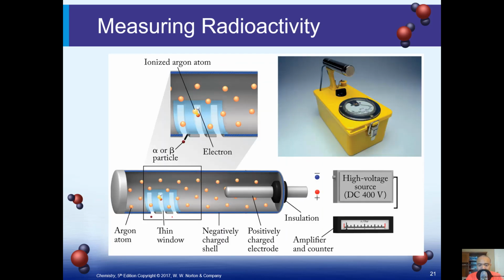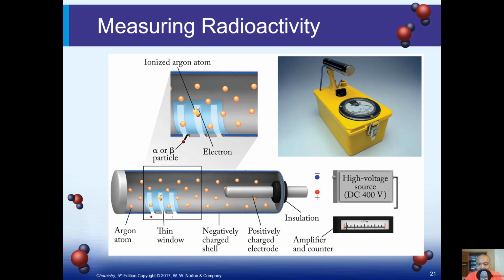The earliest studies of radioactive substances detected radioactivity using photographic plates. This method is still used today. People working with radioactivity wear film badges that contain photographic film that fogs up when exposed to radiation.